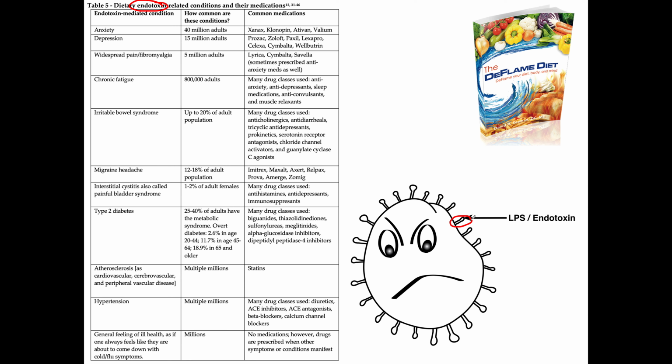This is the outer membrane of what are called gram-negative bacteria. And whenever we overeat these calories here, now the average American, of course, you should never forget, gets almost 60% of their calories from this crap. It's unbelievable.